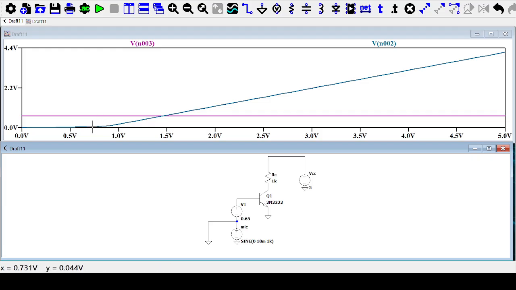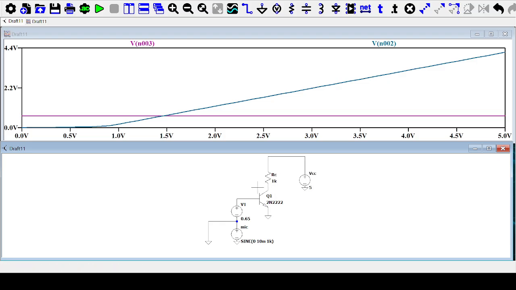Now what happens is that the base collector junction only becomes reverse biased when the collector voltage becomes more positive than the base voltage. The base voltage is 6.5. Remember, this is an NPN transistor. So if the collector becomes more positive than the base, it means it's reverse biased.